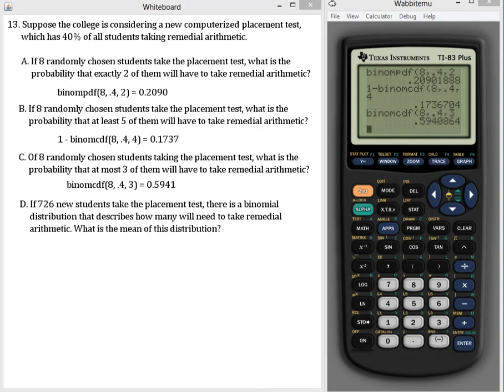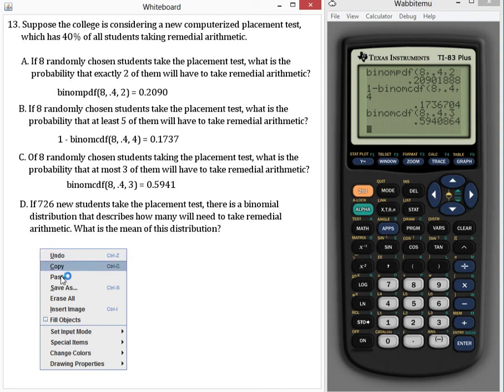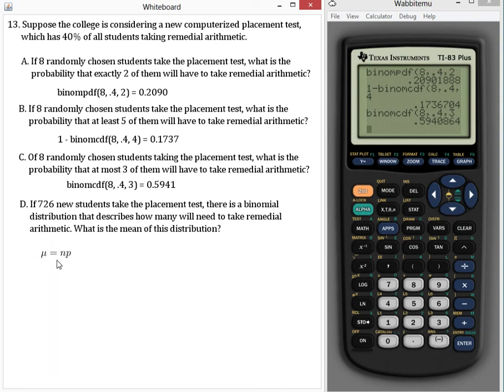Part D. If 726 new students take the placement test, there is a binomial distribution that describes how many will need to take remedial arithmetic. What is the mean of this distribution? Well, in order to find the mean of a binomial distribution, we have a fancy little formula here, which says just take n times p.